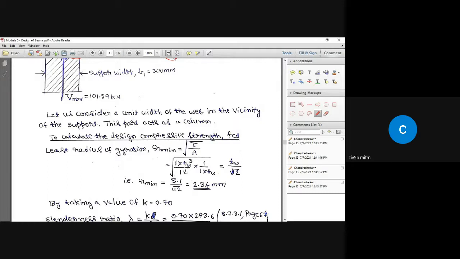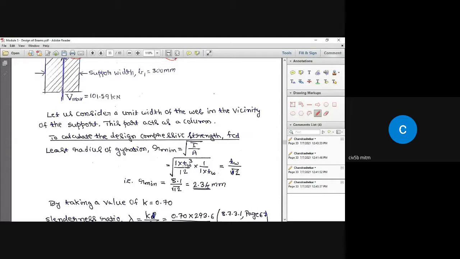Table 10 says for a rectangular section, the buckling class is C, whether you take the bending about ZZ axis or YY axis. It is always buckling class C. Now, according to buckling class C, we can go back and find out the FCD value from page 42. Page 42, table 9C is prepared for FCD values for buckling class C.